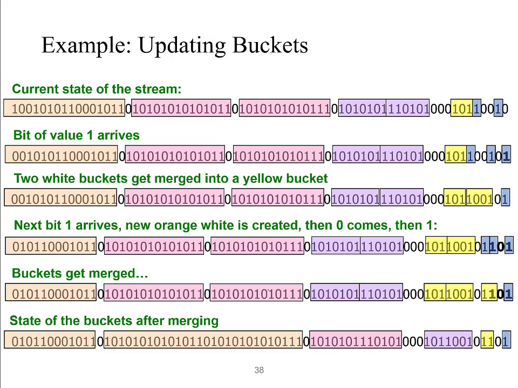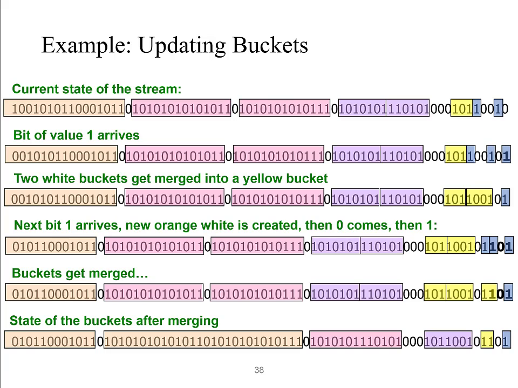Now let's look at an example, which would be easier to understand. This is the current state of the stream. I mean, all the bits you can see are in the window, and the window only contains the bits you can see.